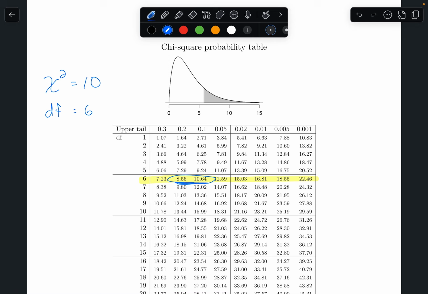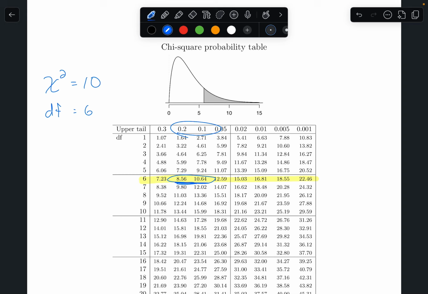The other thing I'm going to look at then is what areas this corresponds to. For chi-square distributions, we only ever care about area to the right. If you look at our distribution up here, that's the part that's shaded. So we want area to the right, which it tells us right here is somewhere between 0.1 and 0.2.